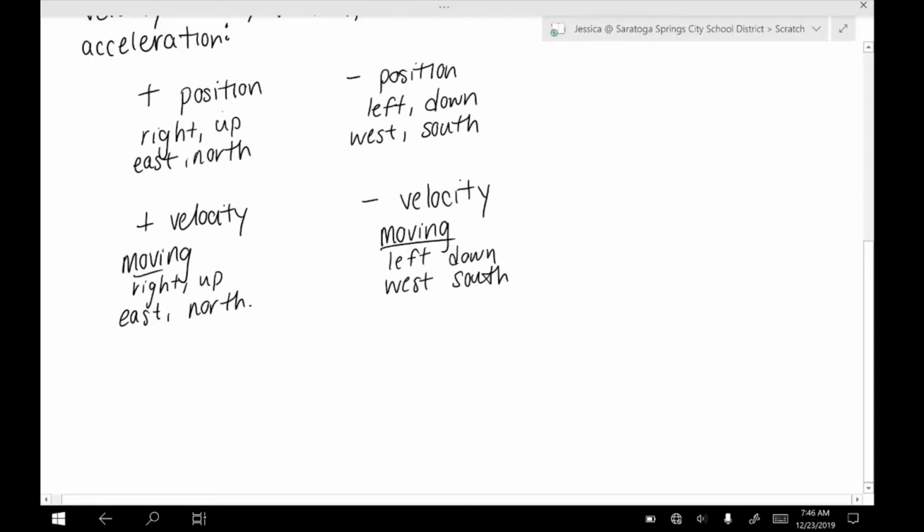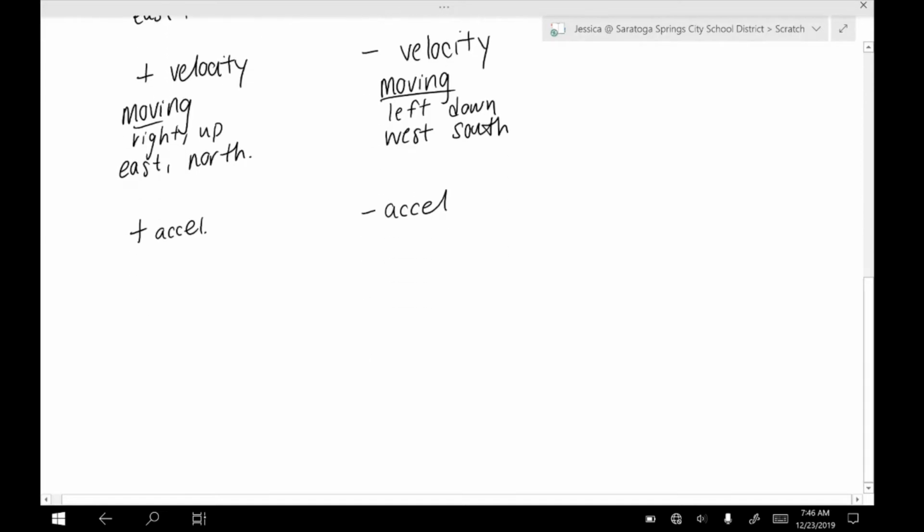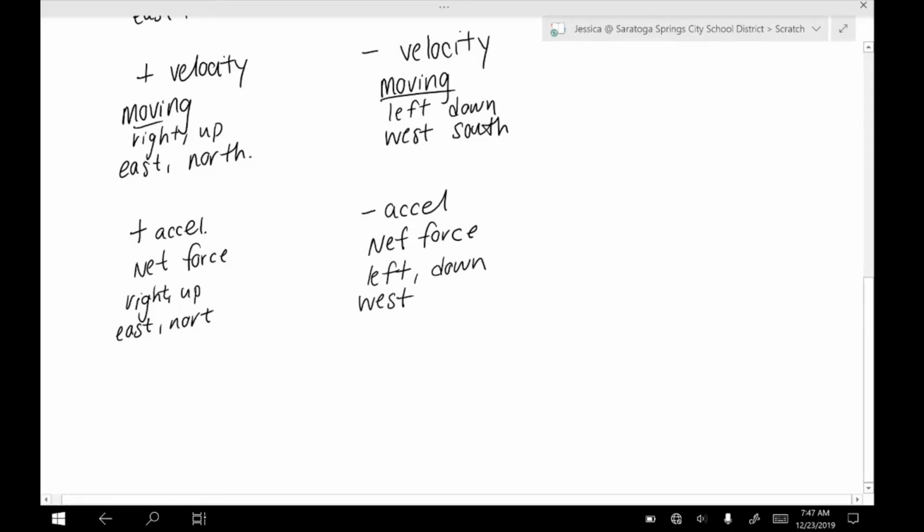So position gives us where we are, velocity tells us how we're moving, acceleration, positive versus negative, tells us about our net force. If we have a positive acceleration, that means our net force is right, up, east, or north. If we have a negative acceleration, that means our net force is left, down, west, south.